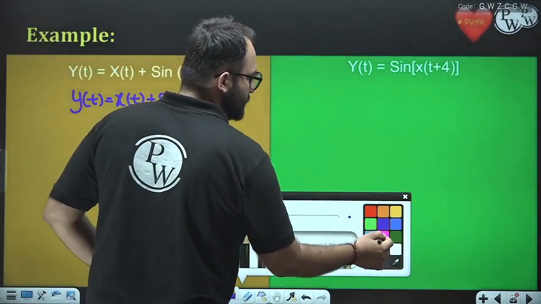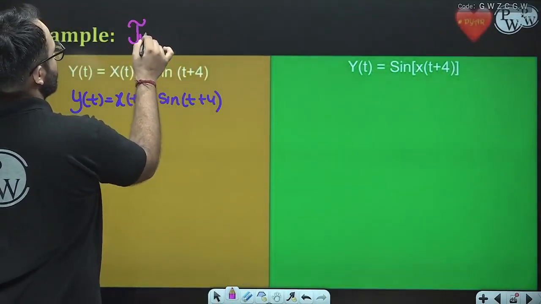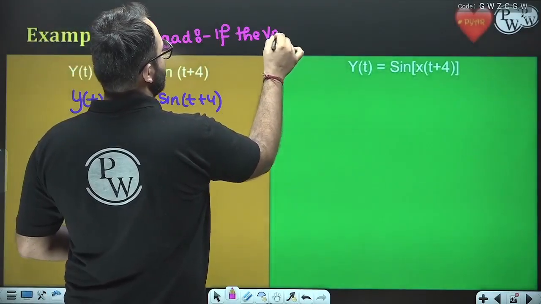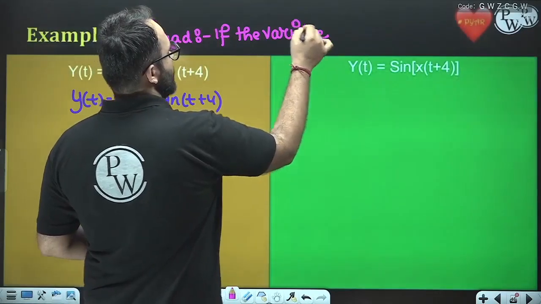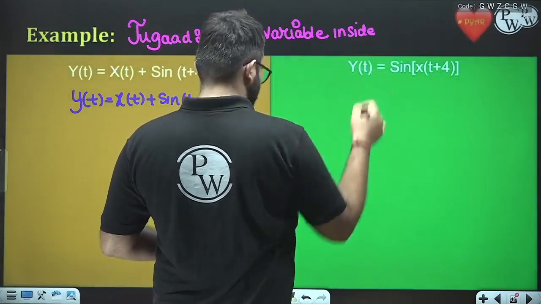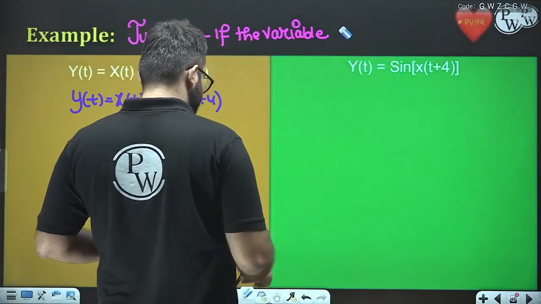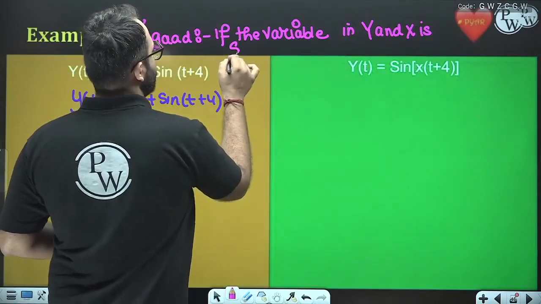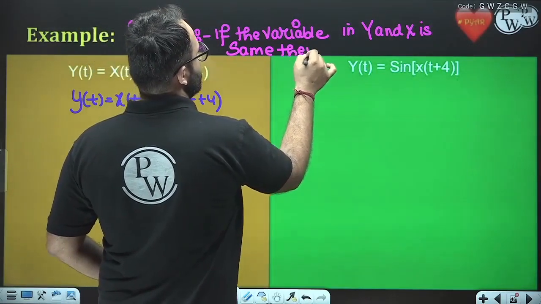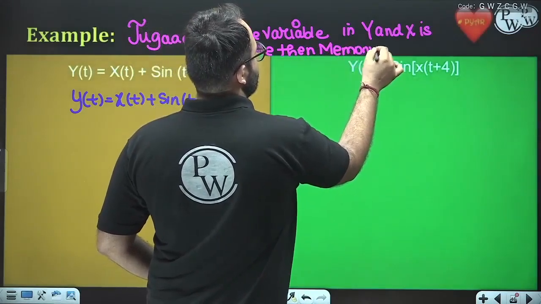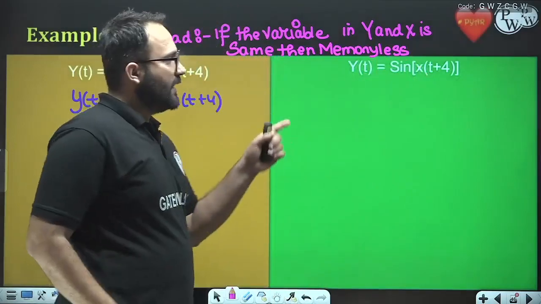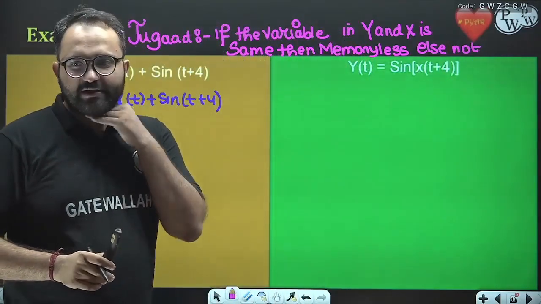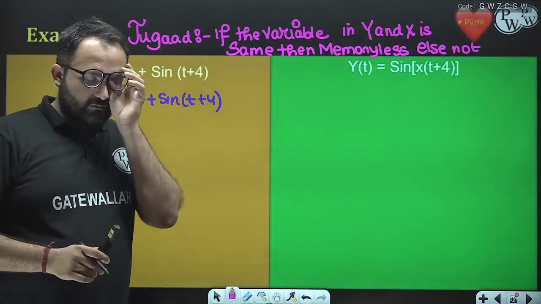The shortcut, or the jugaad, is: if the variable inside y and x is the same, then the system is memoryless. Otherwise, it is a memory system.